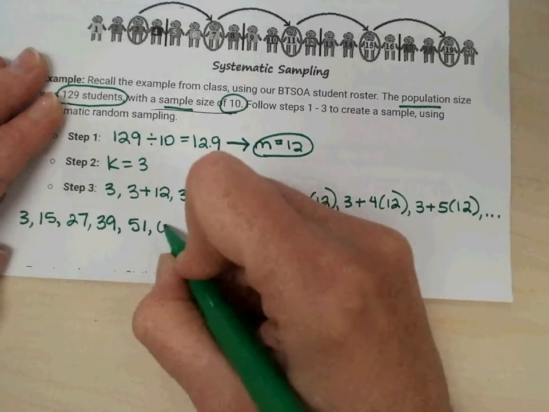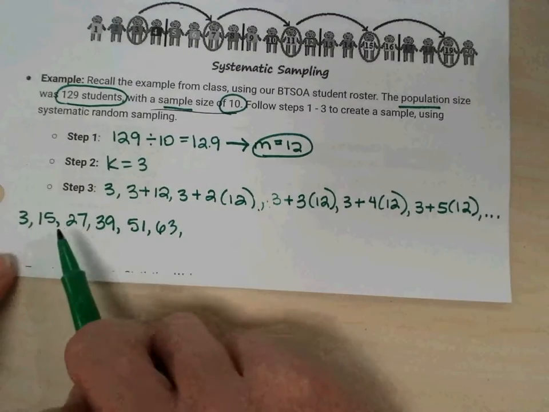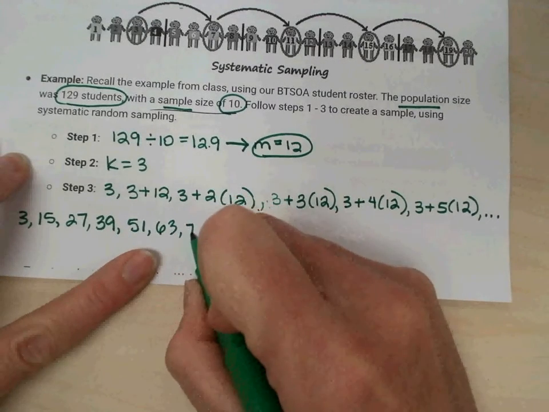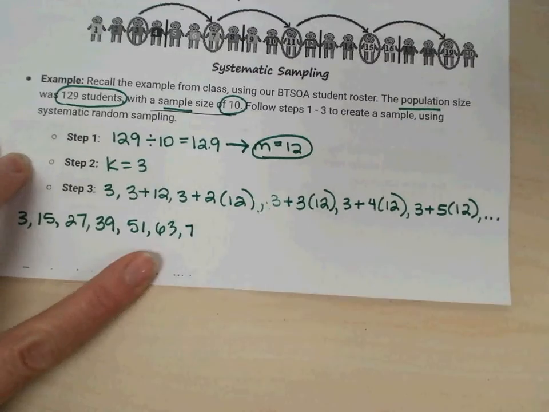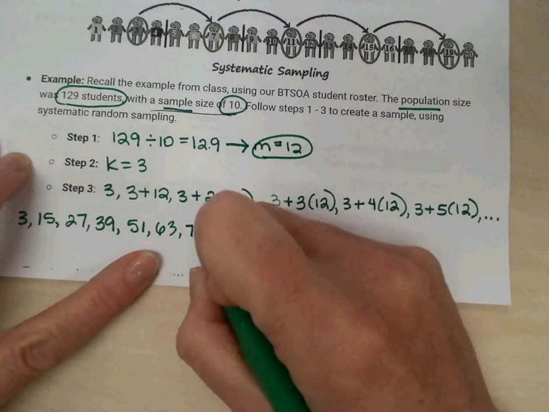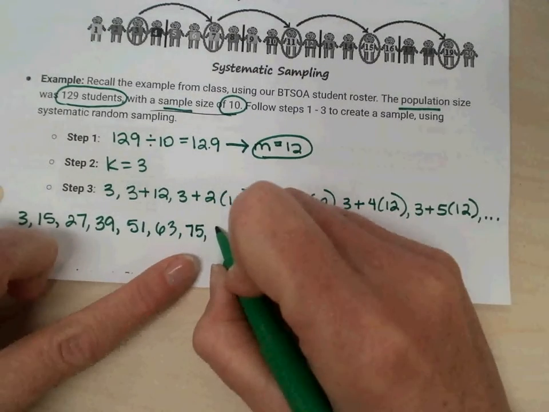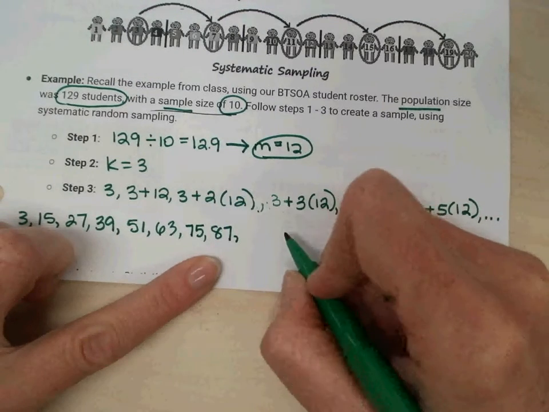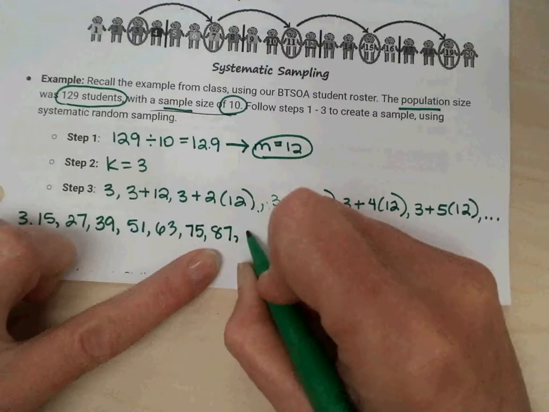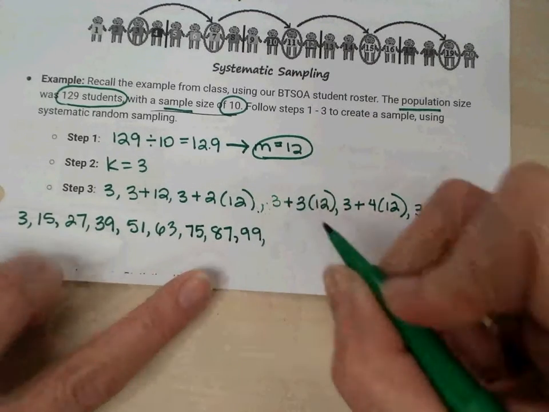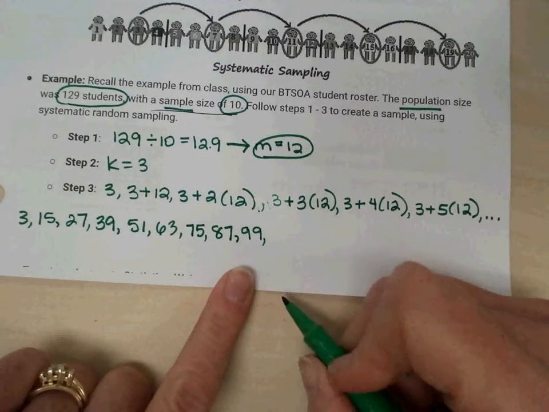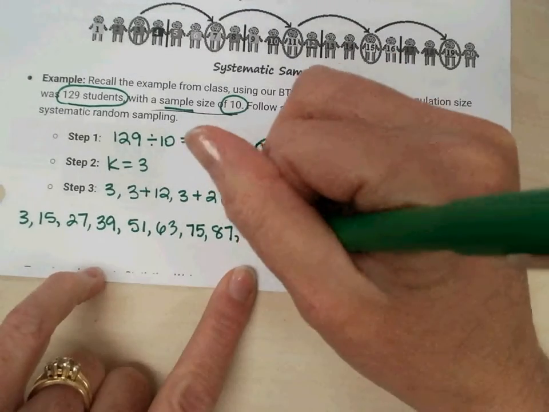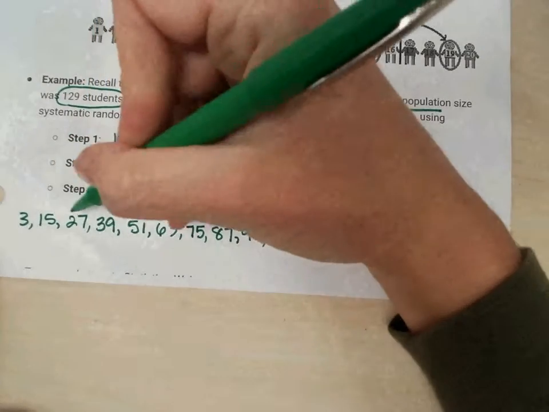And then 60 plus 3 would be 63. We're just going up by 12 each time, right? So then the next one would be what? 75. And then what? Yep. And then what? Adding 12 each time. 99. And then what? Yep. 111.